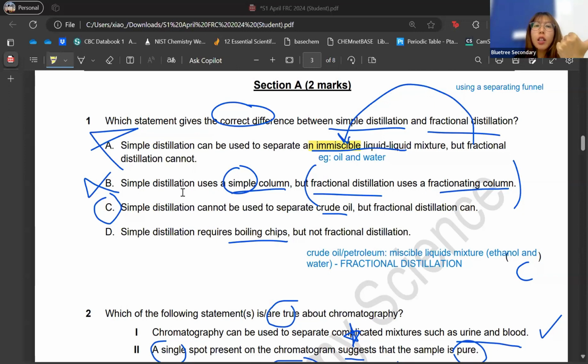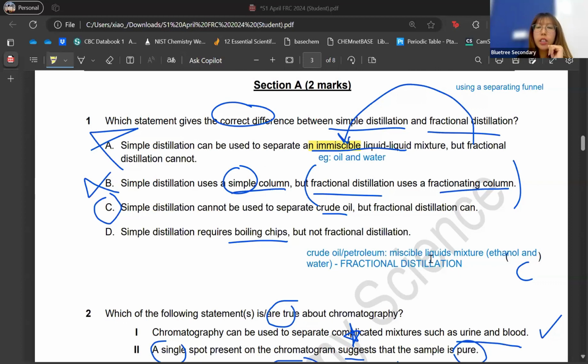That means your solid must dissolve in the liquid that you use. And with this mixture, I can perform simple distillation. Okay, but the more important takeaway from this concept is simple distillation allows you to get the liquid from this soluble solid liquid mixture. Okay, whereas for fractional distillation, it is the method that we use to separate miscible liquids, like over here.